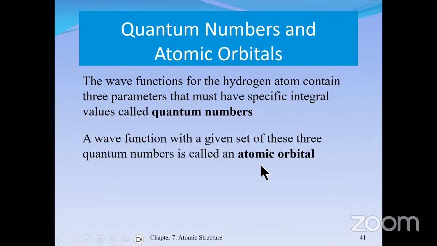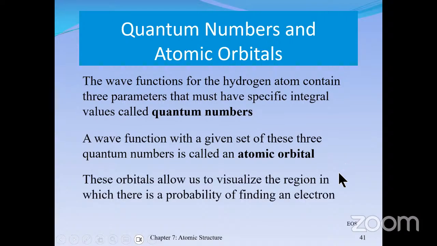This is another alternative definition for the atomic orbital, but personally I prefer the one that I gave you, which, as I said before, is the region in space where the probability of finding an electron is greater than 90%. And as a result of the quantum approach, we can actually calculate the shapes of these orbitals. Again, this is something that I had to do in grad school, which I thoroughly did not enjoy.